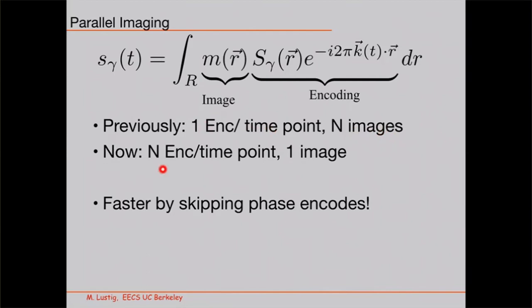Now we can do n encodings per time point because we get n samples from each one of those coils, and we're going to try to reconstruct one image at the end, not n images. So we can do them faster by skipping phase encodes because we have n encodings at every time point. So maybe we can skip. Now the question is how much we can skip and so on and so forth. Well, that depends.